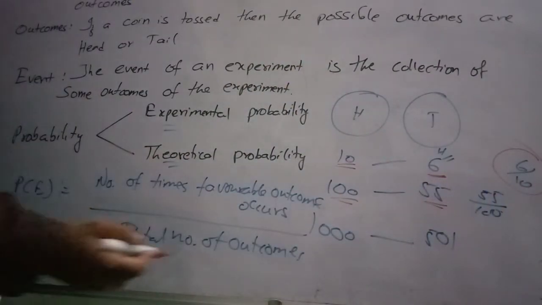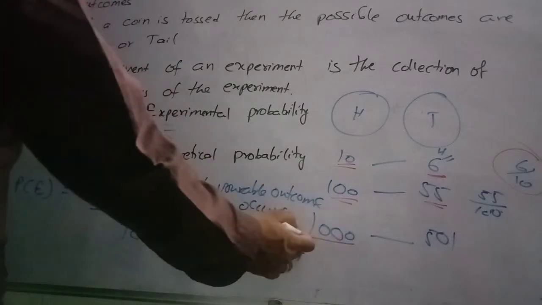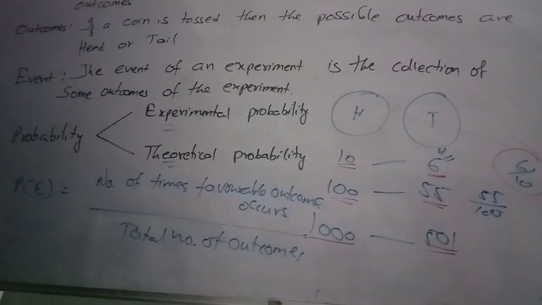If I toss the coin 1000 times and it happens 501 times, the probability of getting this is 501 by 1000.